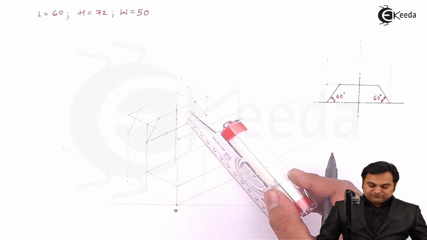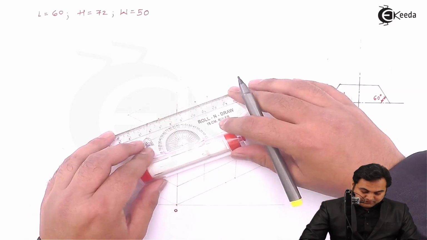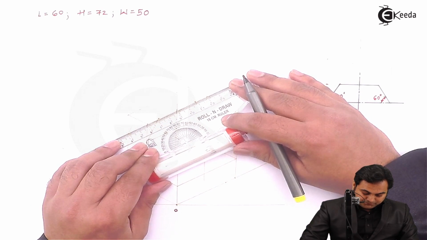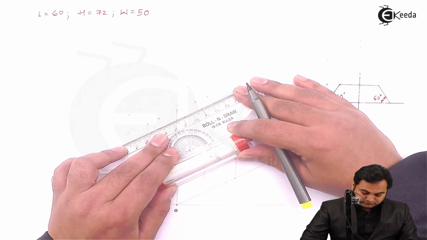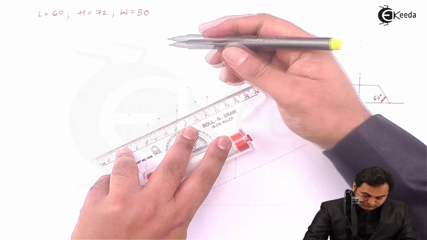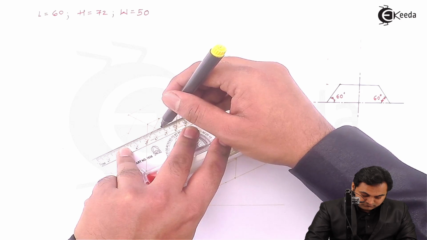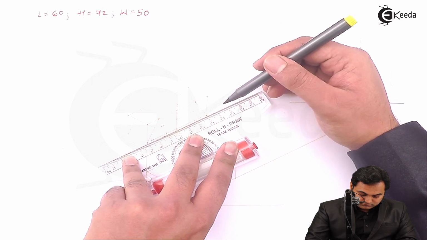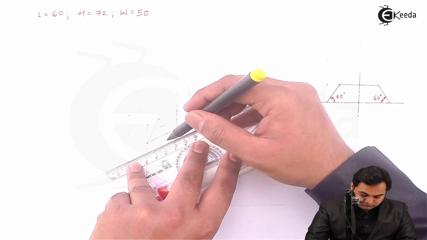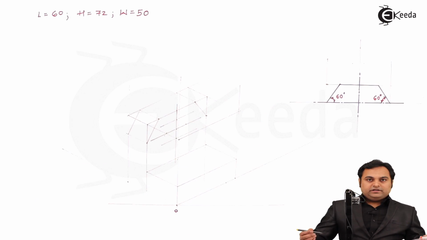Then through these 4 points I am going to draw parallel lines. For example, from the point at the top, I'll draw a line parallel to the length. Light parallel line.